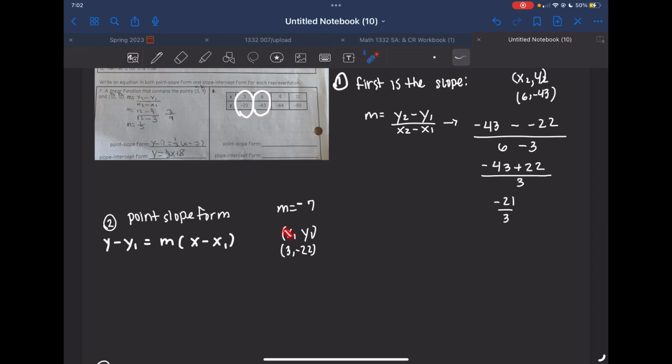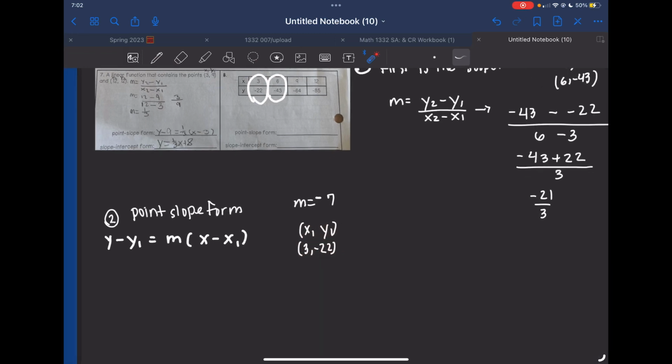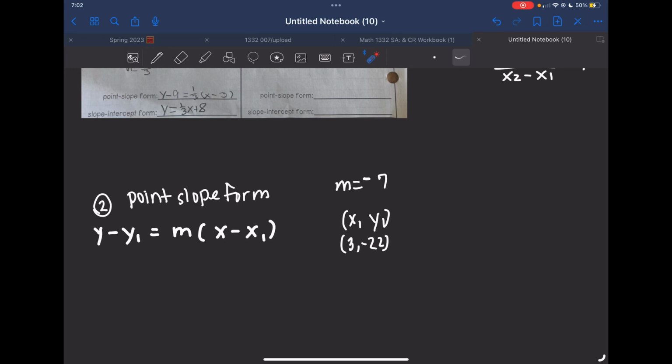Again, this is x1, y1, so I have 3 and negative 22. We're going to fill in the point slope form with the numbers that we have. All we're doing is taking the 3 from x1 and replacing it right in here, and taking the negative 22 from y1 and putting it in here.